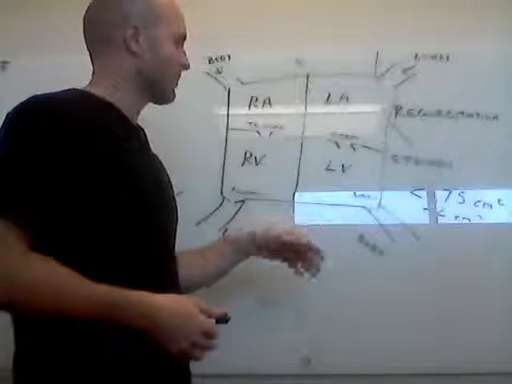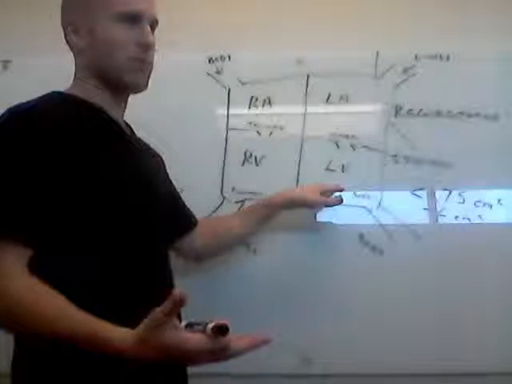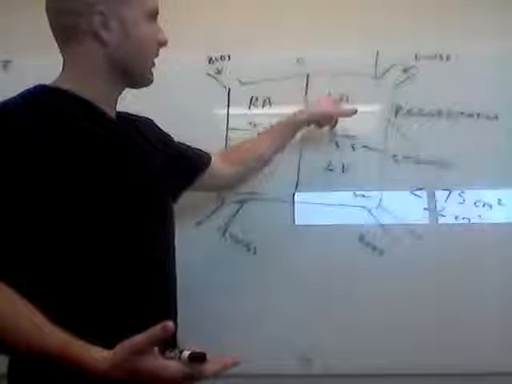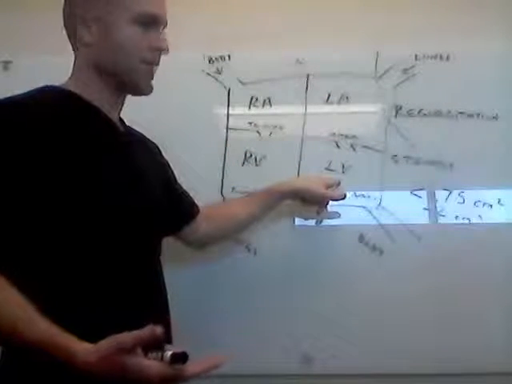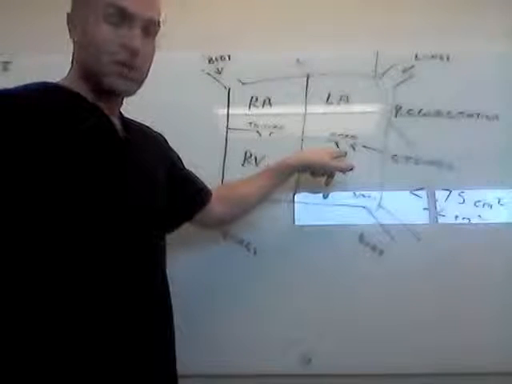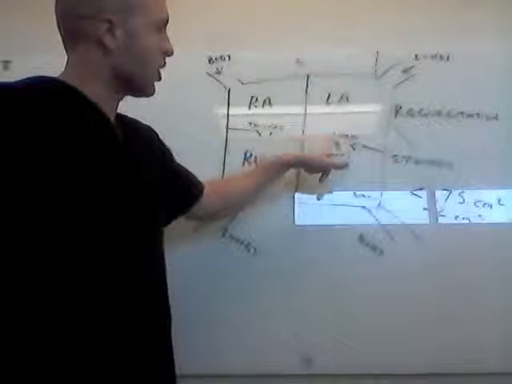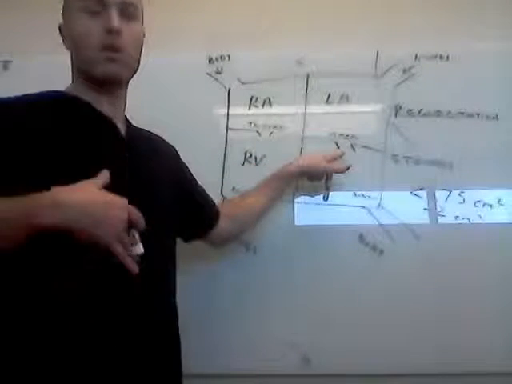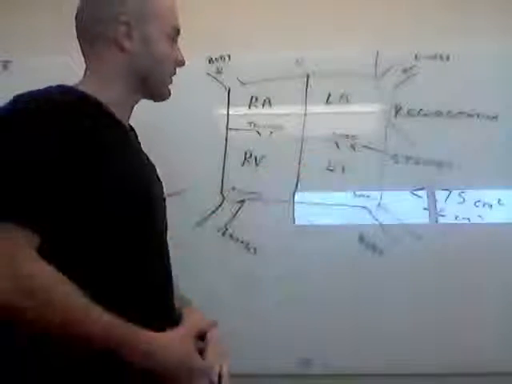So diastole is when the ventricle is relaxed. When the ventricle is relaxed, blood is flowing from here down into here. Okay, this is diastole. So stenosis is going to slow the blood from flowing from here. So mitral stenosis will be your diastolic murmur that's going to occur there.